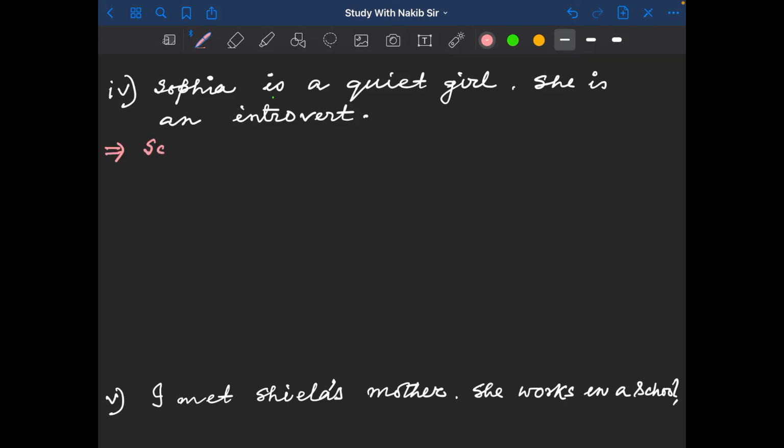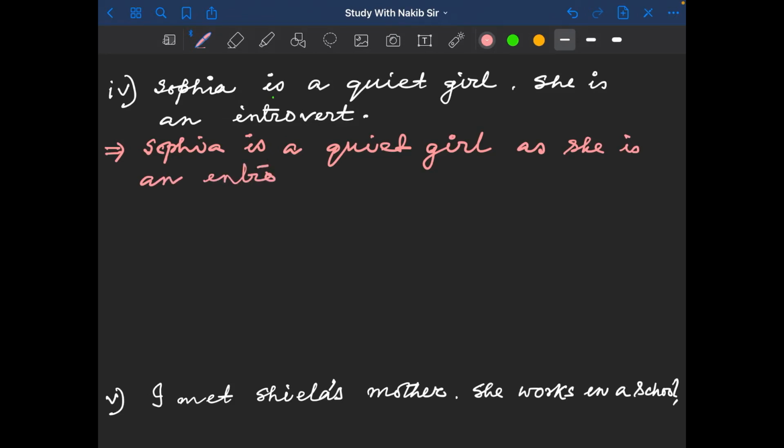Sophia is a quiet girl as or because she is an introvert. You can use this. Sophia is a quiet girl as she is an introvert.